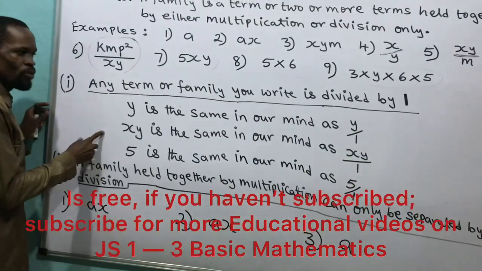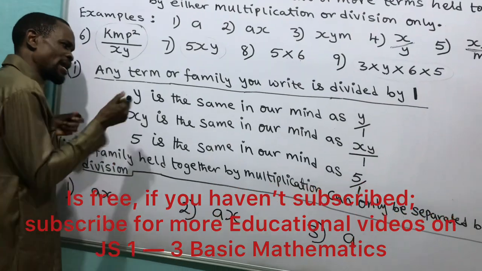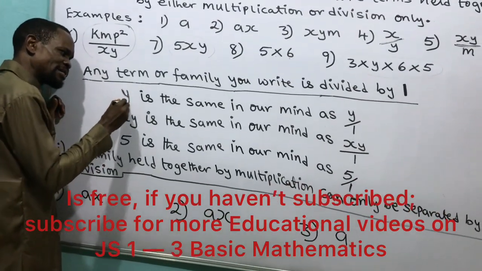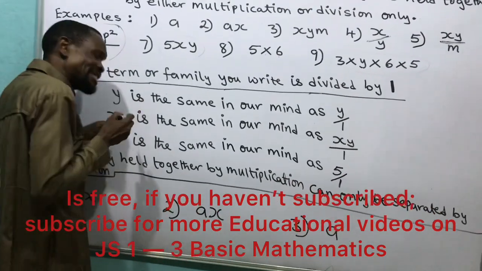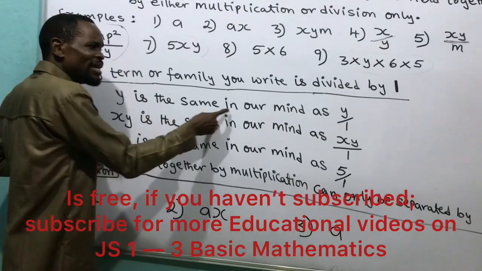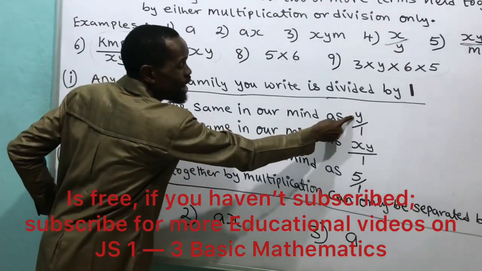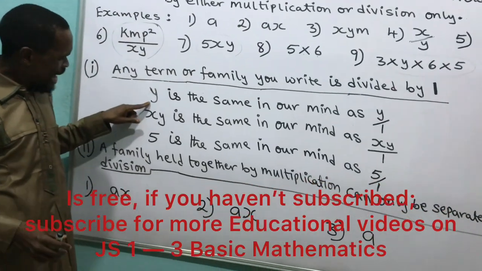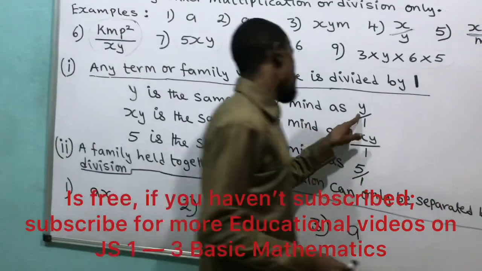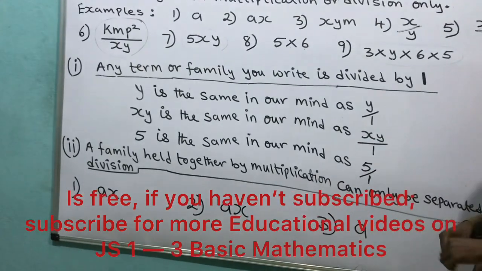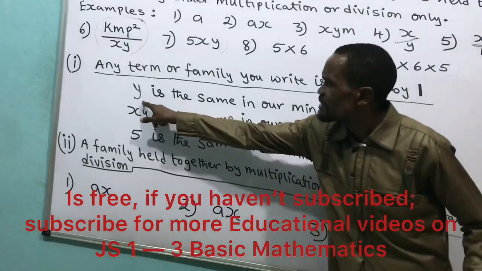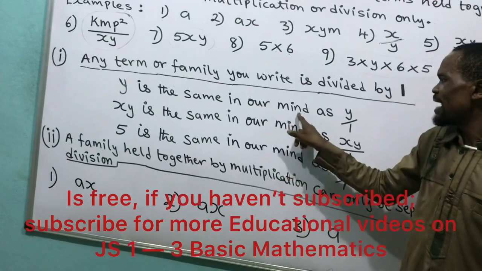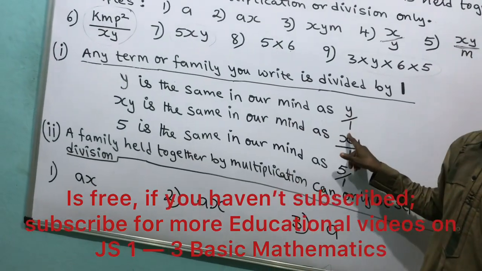And I said, for example, if I write y, look at this y now. It is a term as I write it. It is the same inside our mind as y divided by 1.